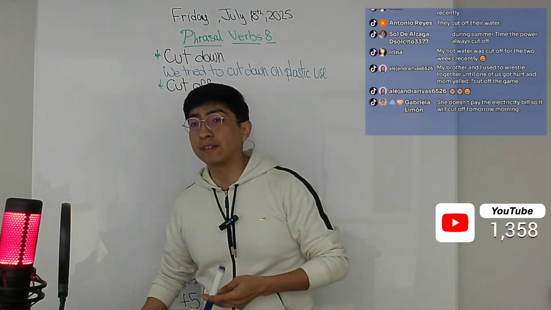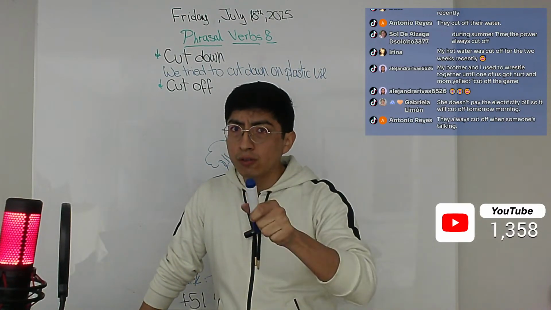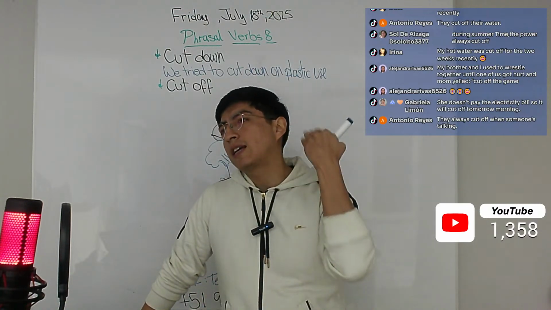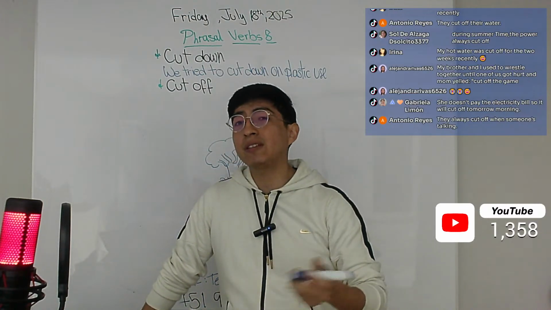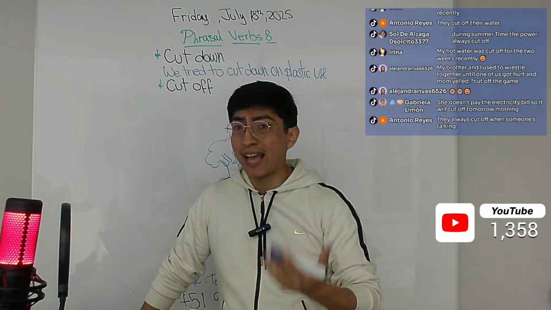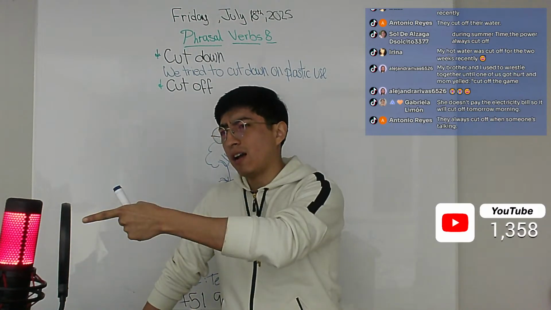So this is very common, for example, in Alice in Wonderland. Do you remember the Red Queen? The Red Queen always used to say, cut off his head. Every time she was very angry at someone, she used to say, hey, cut his head off, no?